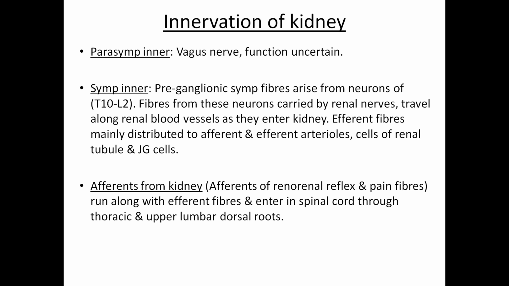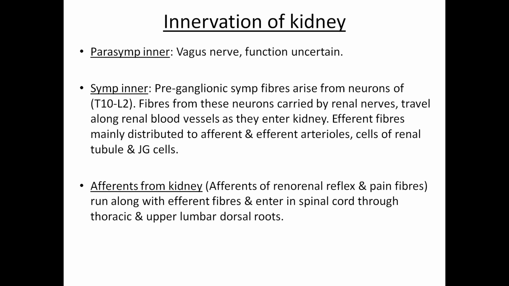The cell bodies of postganglionic neurons are located in the ganglia of the sympathetic chain and superior mesenteric ganglia. The fibers from these neurons are carried by renal nerves, which travel along renal blood vessels as they enter the kidney. The efferent fibers are mainly distributed to afferent and efferent arterioles and cells of the renal tubule, also to the juxtaglomerular cells. Remember, we said that on getting sympathetic discharge the juxtaglomerular cells secrete renin.